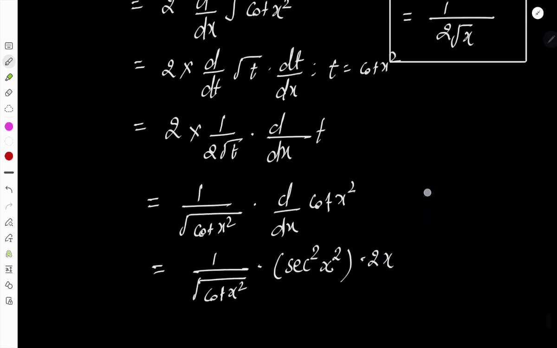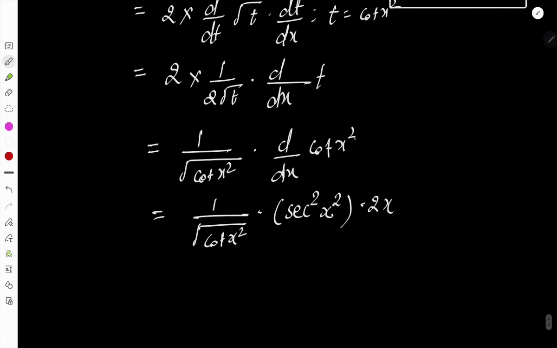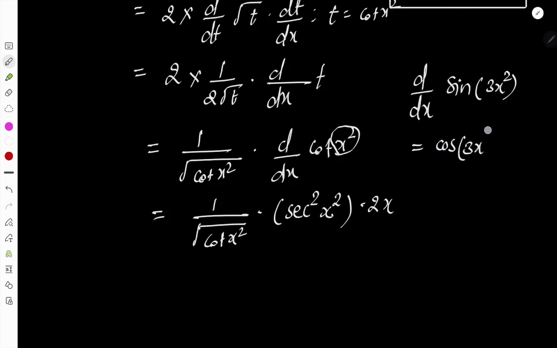Overall, if it is not x, then assume in your mind that it is looking like x and write the derivative. One example I am taking: d by dx of sine 3x square. You don't know the direct derivative of sine 3x square, correct? Just assume it is looking like sine x, then its derivative will be cos x, but at the place of x it is 3x square.